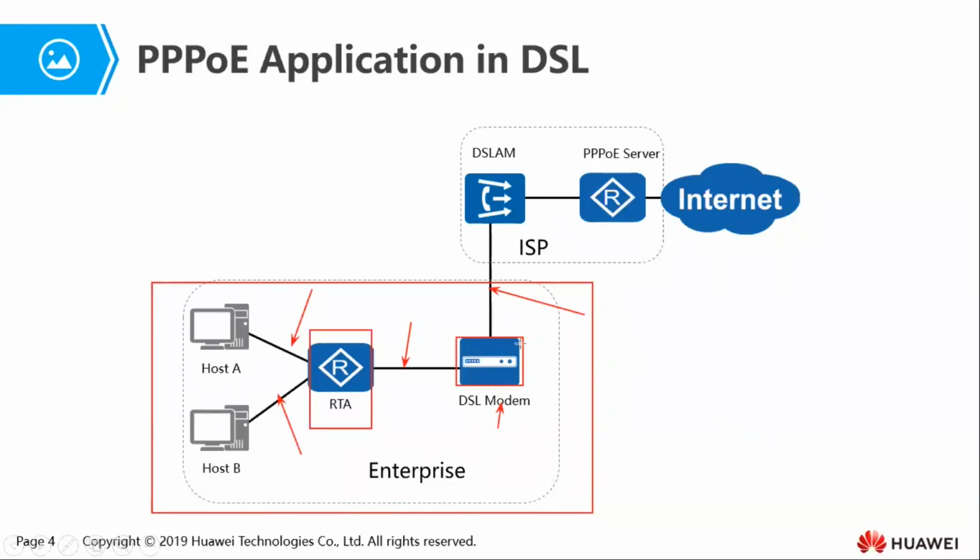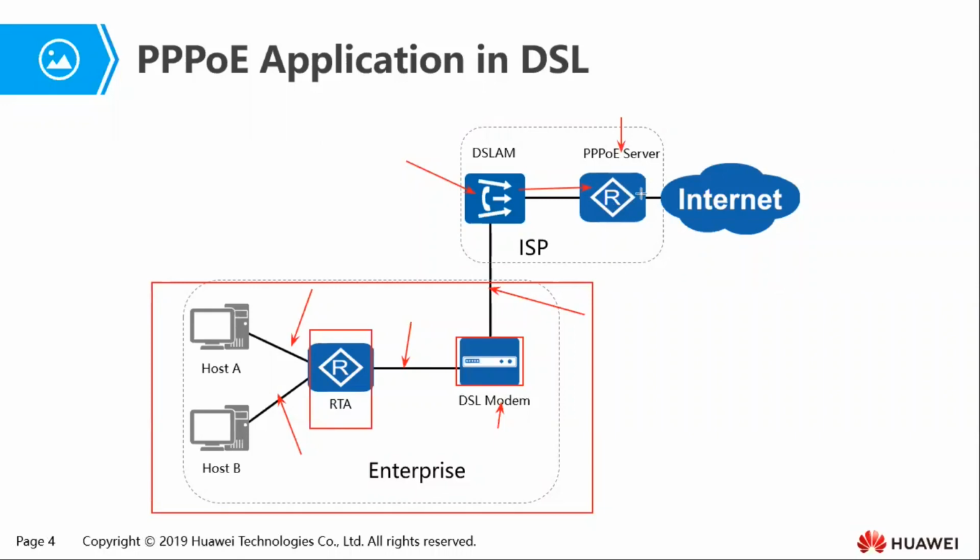Now, this DSL modem, in your area, you have a central place that has this device called the digital subscriber line access multiplexer. Then that digital subscriber line access multiplexer is owned by your ISP and is going to connect you to a PPPoE server or a BRAS, which is hosted at your ISP central location.